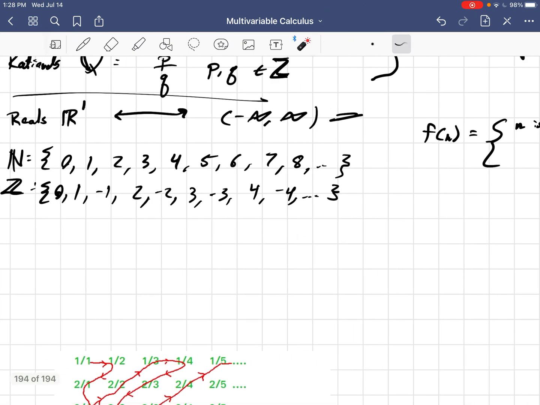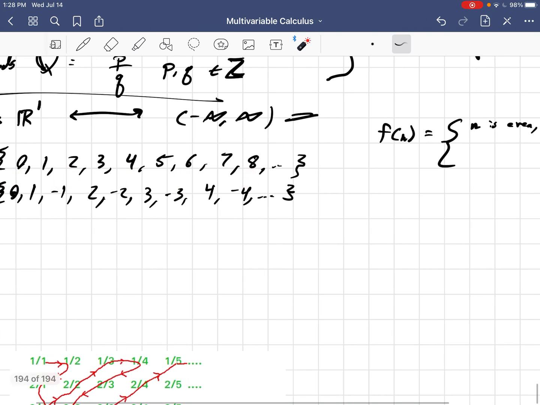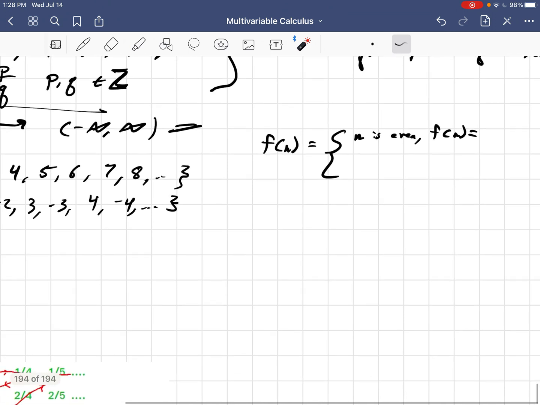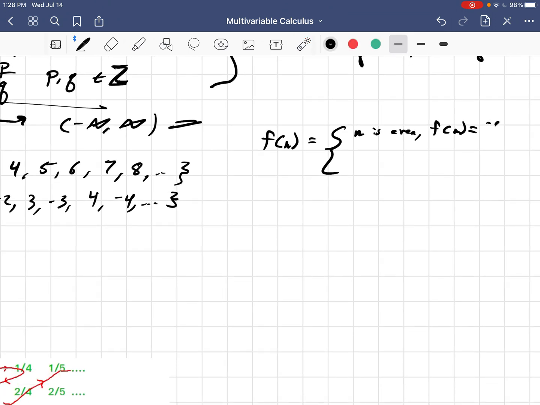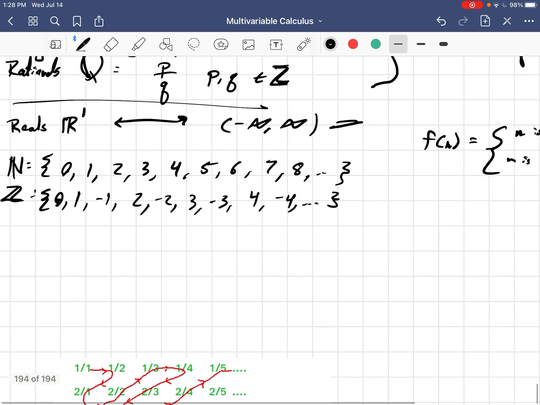Well, 0 goes to 0, 2 goes to -1, 4 goes to -2, 6 goes to -3, 8 goes to -4. So f(n) is going to be -n/2. If n is odd, then f(n) equals what? So 1 goes to 1, 3 goes to 2, 5 goes to 3, 7 goes to 4. So what's going on there?